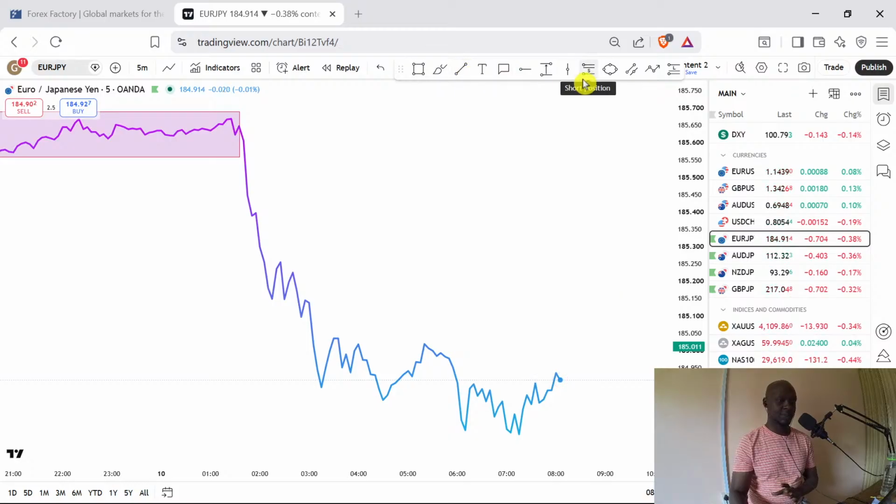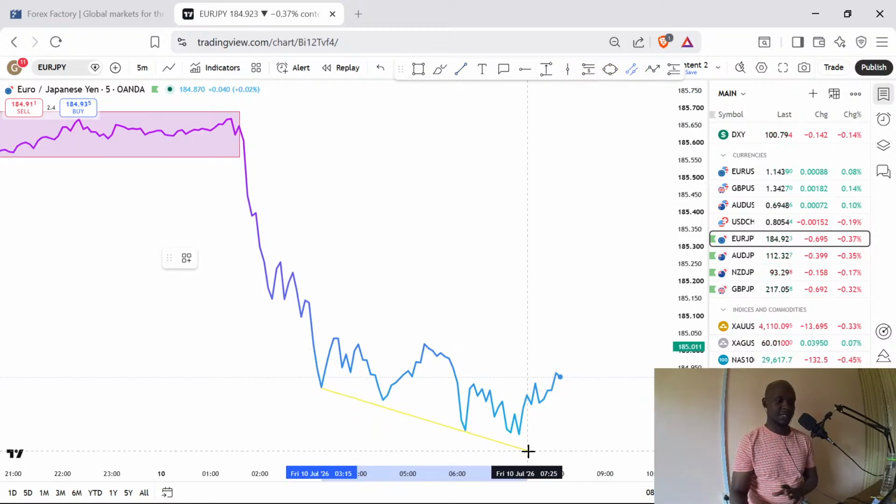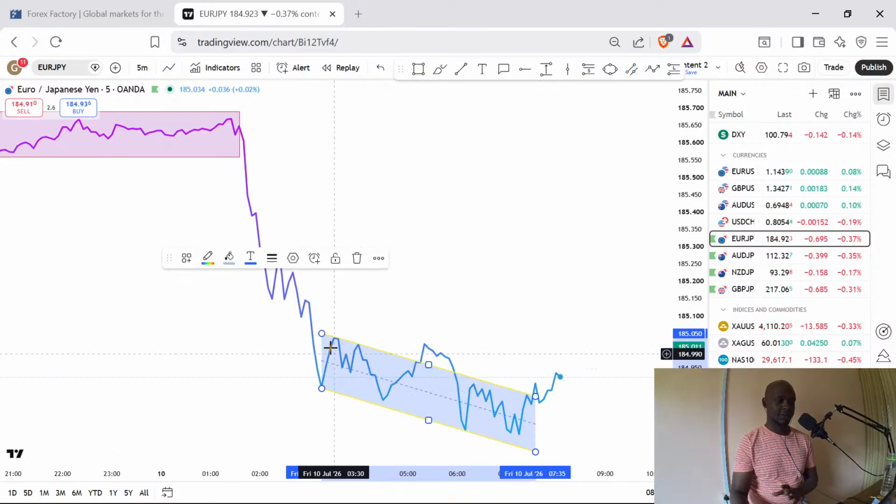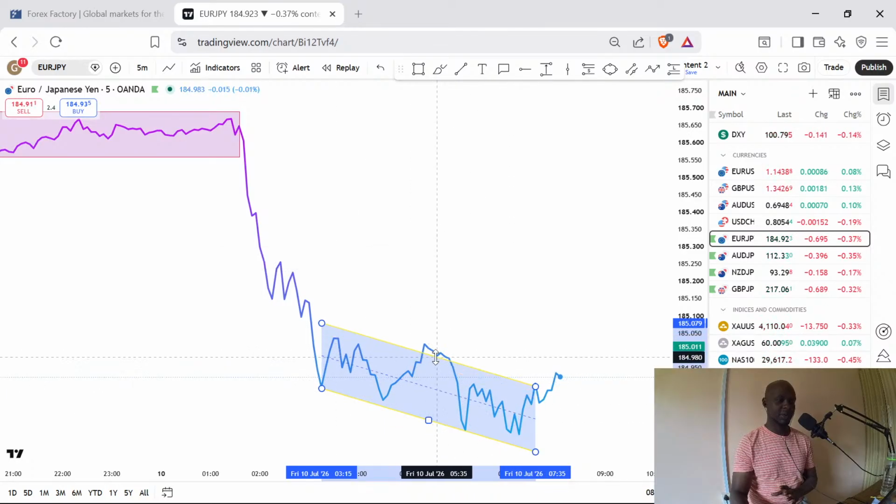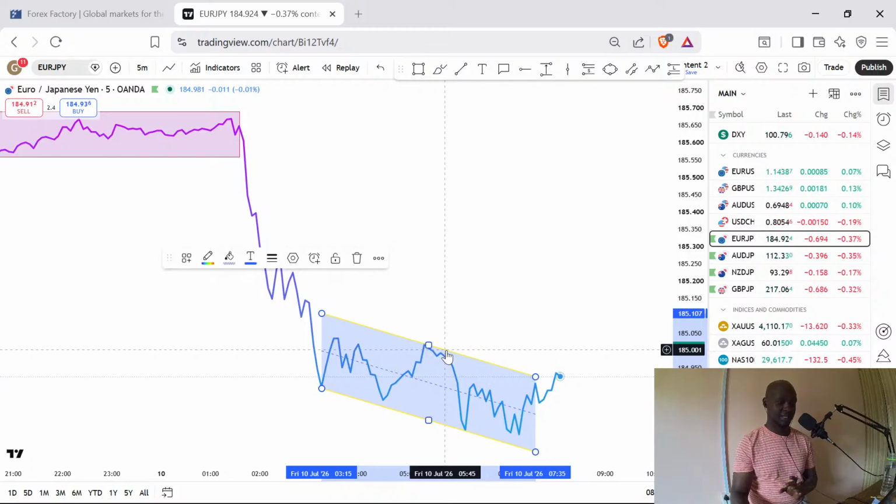With a descending channel, you can draw a trend line that touches the bottom and a trend line that touches the top. You can see this trend line at the bottom, and if you push it across, we touch different points on this line chart. But generally, I do not trade the patterns themselves, I look at the nature.